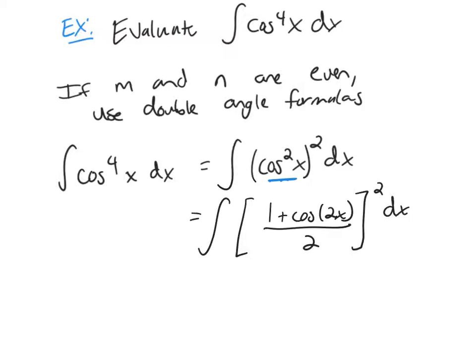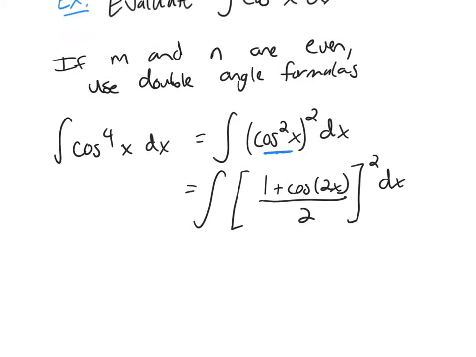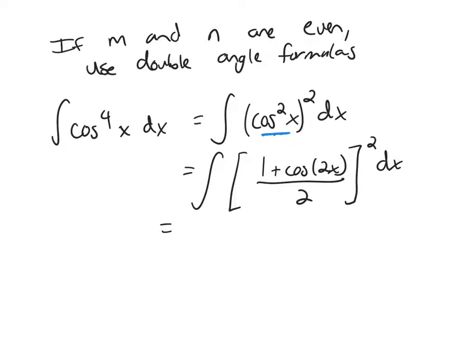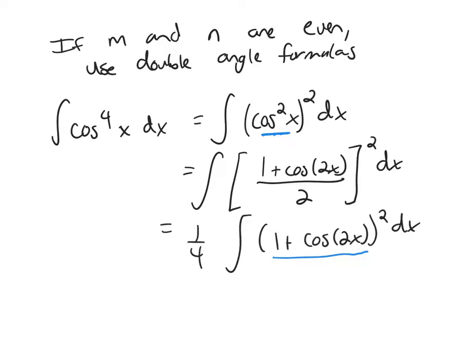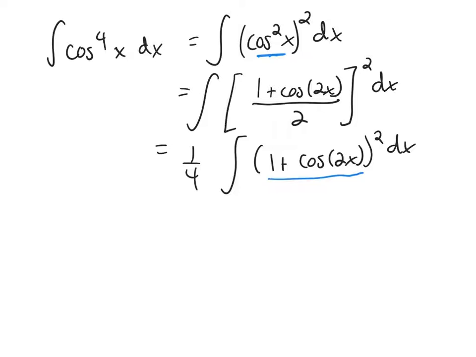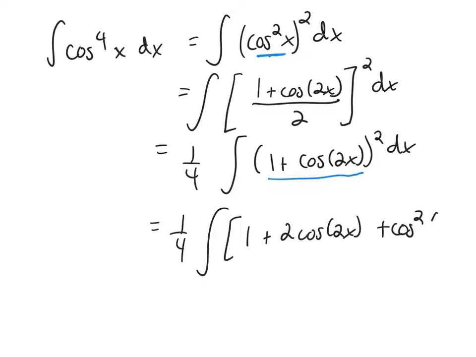And we're going to square that. So you'll get a 1/4 times 1 plus cosine of 2x squared. And now for this, again, you need to FOIL that out. Expand it. And you'll get 1 plus 2 cosine of 2x plus cosine squared.